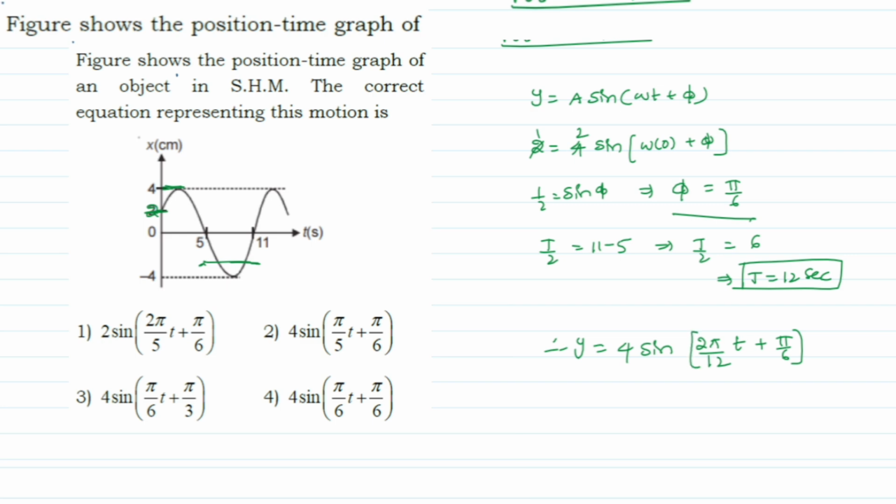So y equals 4 sine of (pi by 6 t plus pi by 6). So the fourth option is the correct answer.